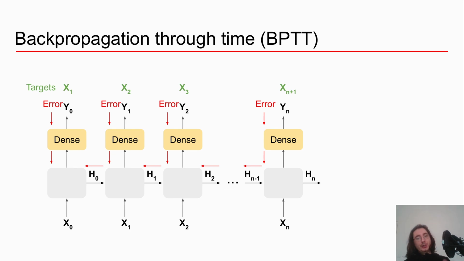Basically, what we do here is we use a sequence to sequence approach. While we train the network, we output predictions at each time step, and then we compare them against the targets. Obviously, we expect the targets to be the inputs, but shifted to the right by one step. So we can say, for example, that the target at time 0 is x1, and at time 1, when we input x1, we expect x2.